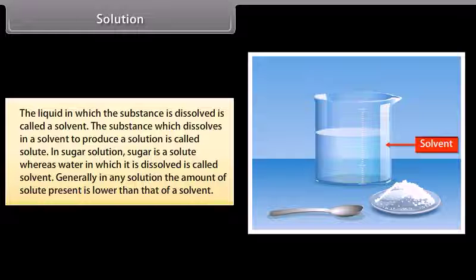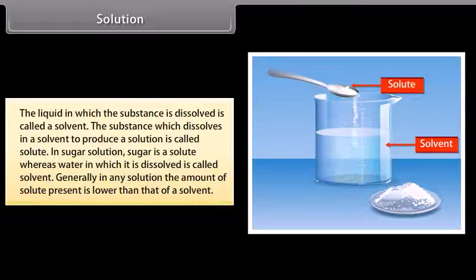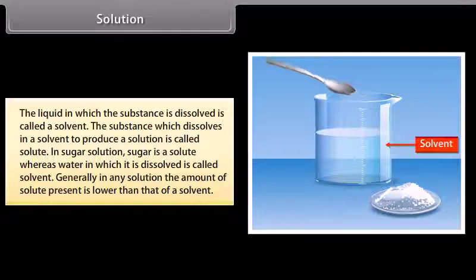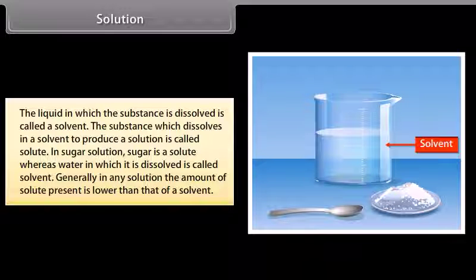The substance which dissolves in a solvent to produce a solution is called solute. In sugar solution, sugar is a solute, whereas water in which it is dissolved is called solvent. Generally, in any solution, the amount of solute present is lower than that of a solvent.